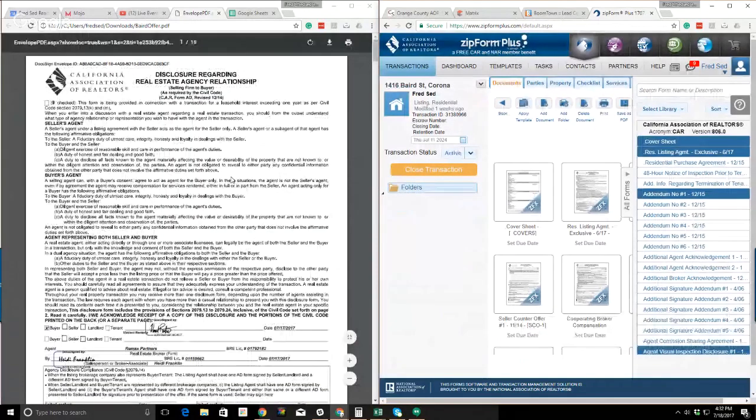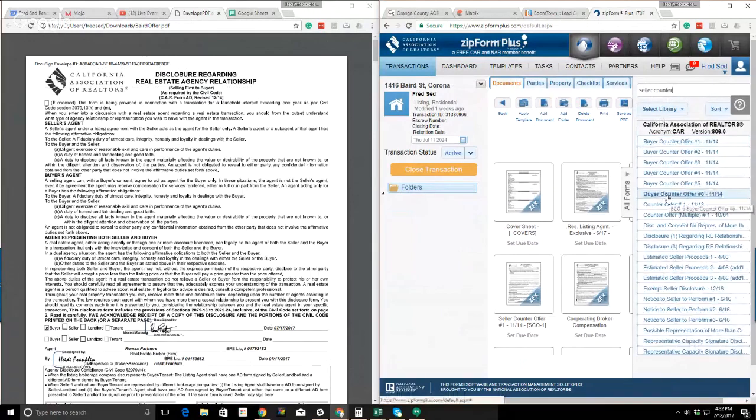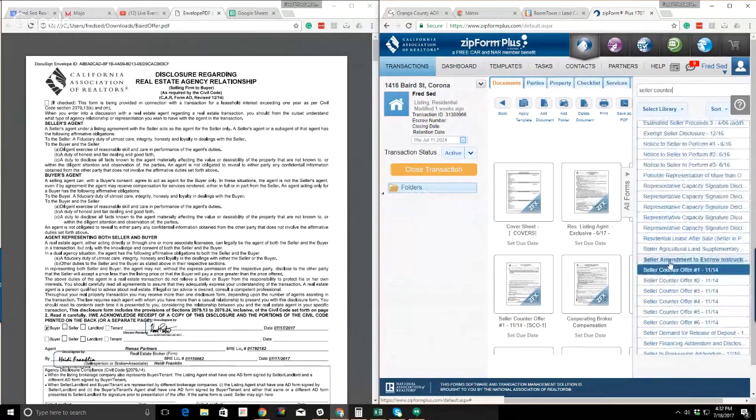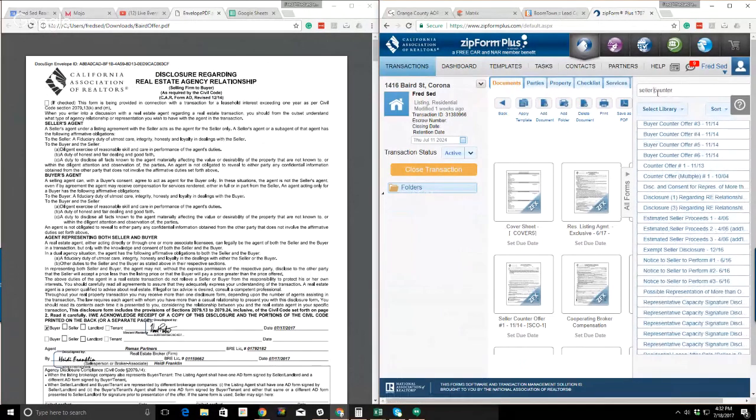So you have two options when it comes to writing a counteroffer. You can select a seller counteroffer, which is a single counteroffer, this one right here, or I'm going to send this counteroffer to multiple buyers.